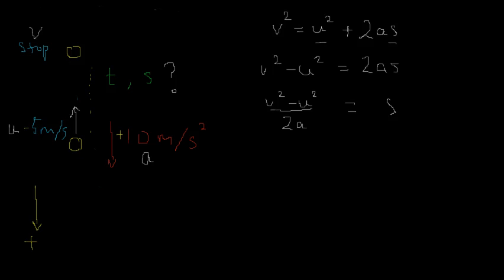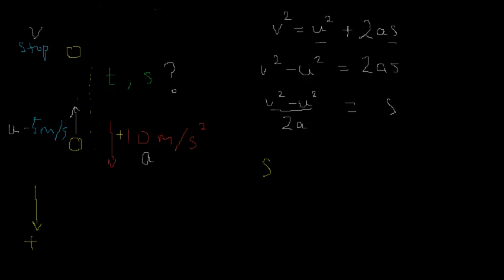And now I can find the answer because we know V, U, and A. They are here. We know these numbers, and we have already decided on the signs. So let's put this in.